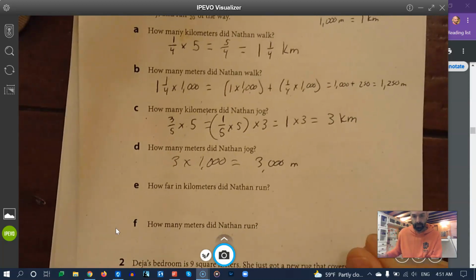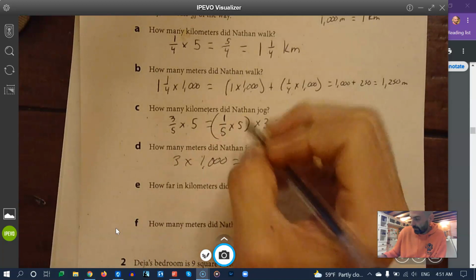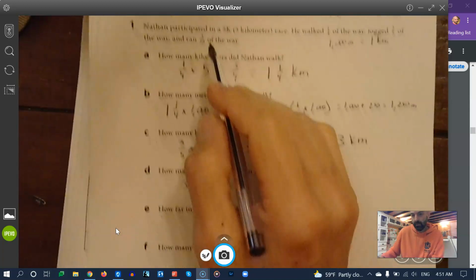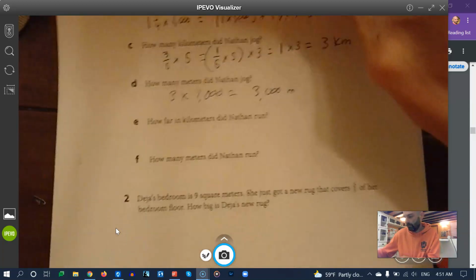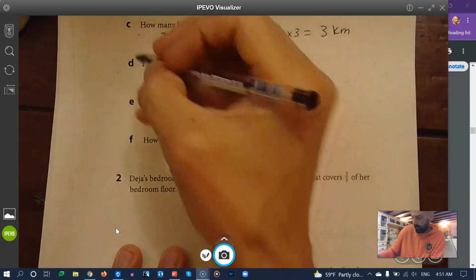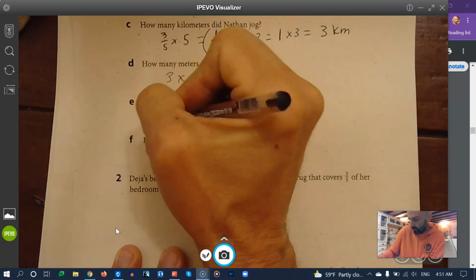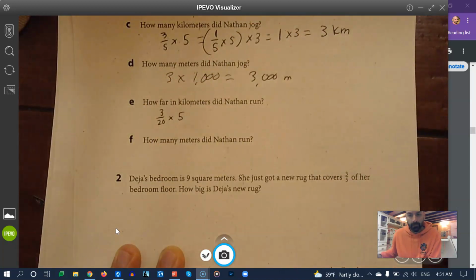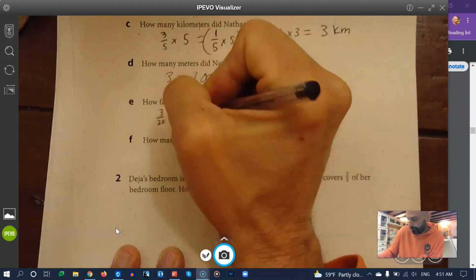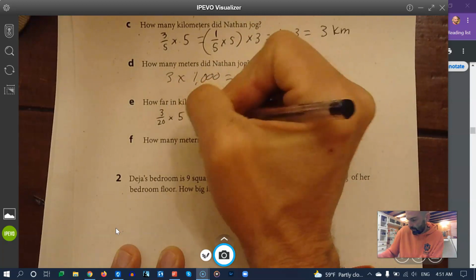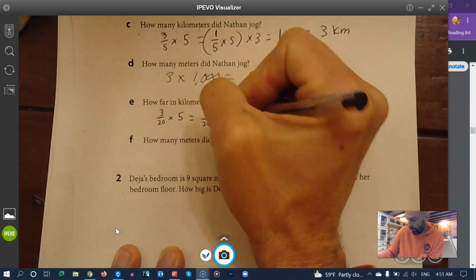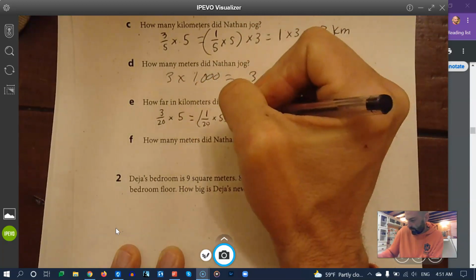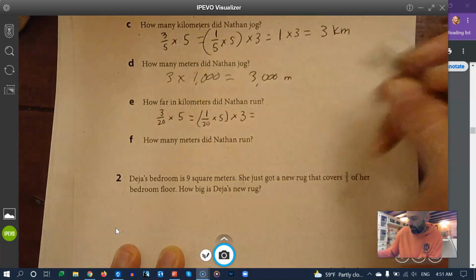How far in kilometers did Nathan run? So again, that was 3/20 of the way. So we can do 3/20 of 5. We can look at 1/20 of 5, 3 times.